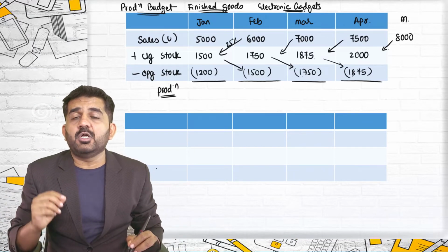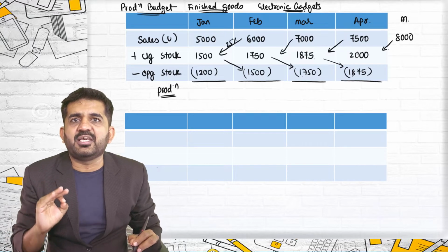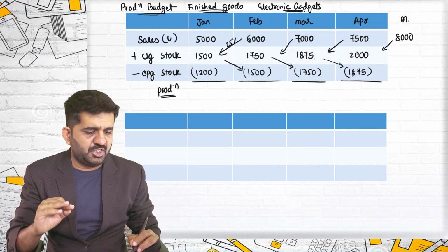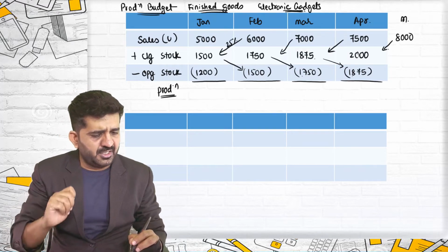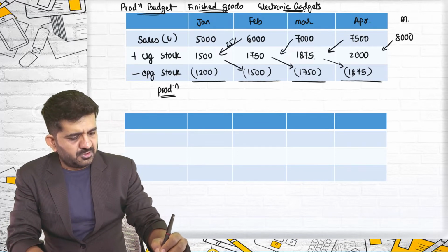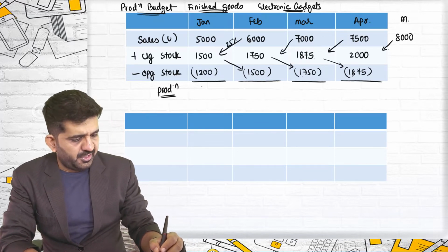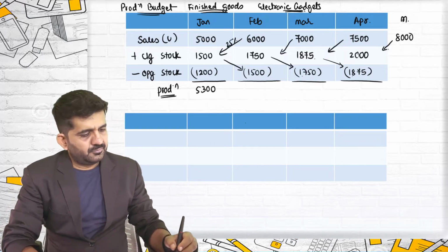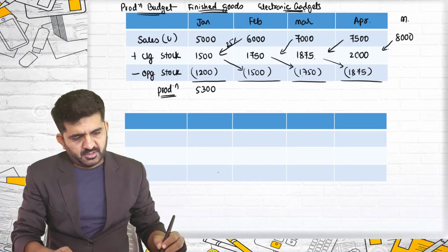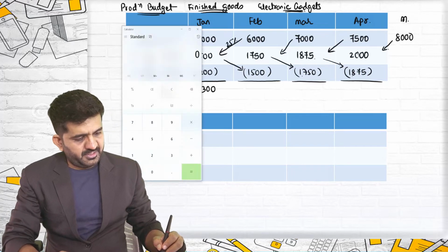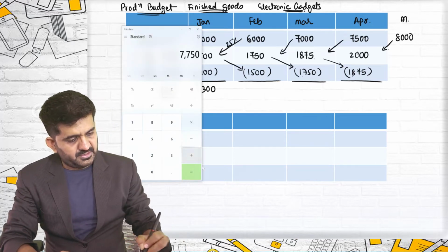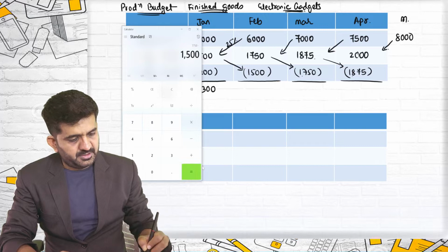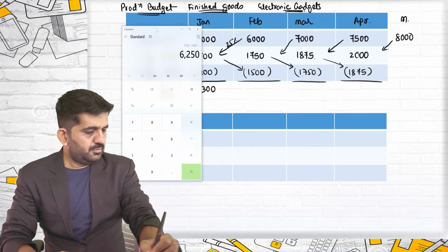I can find out how many electronic gadgets I will be manufacturing in January, February, March and April. So it is 6,500 minus 1,200, which will be 5,300. This is 7,750 minus 1,500, 6,250.